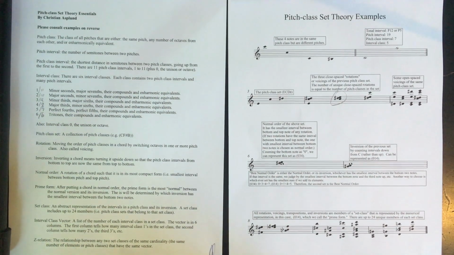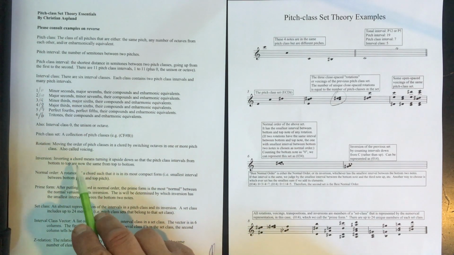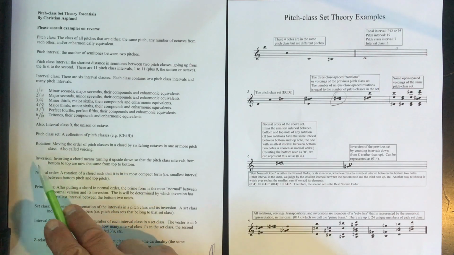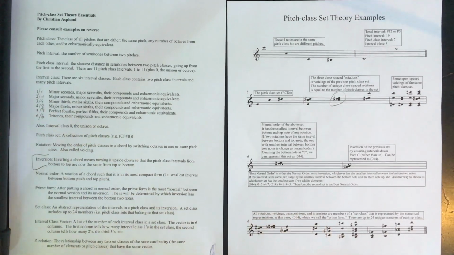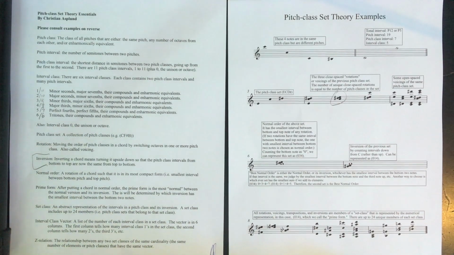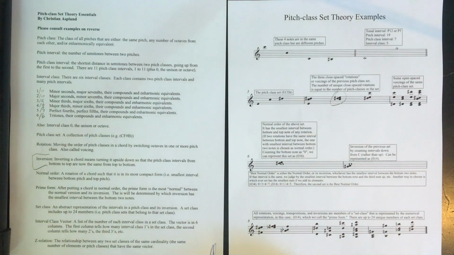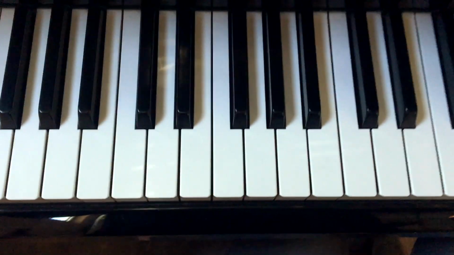Well, then we get into another idea, which is another way to vary a chord, and you'll notice over here it's inversion. Okay, so what is inversion? Well, this means that we take, let's do it at the keyboard first. It's different from inversion in tonal music, which we're calling rotation.